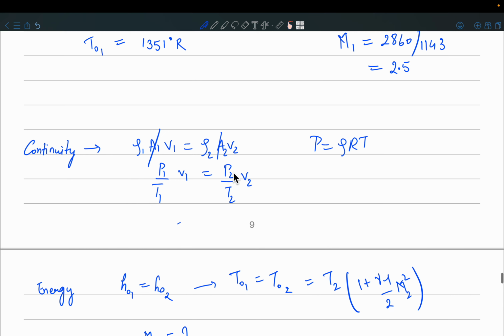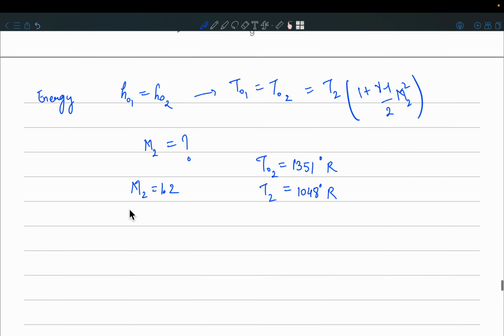There are two unknown quantities, but you know M2, and M2 is equal to V2 by under root gamma R T2. So you can find V2, right? Okay, so yeah, just go ahead and find it.